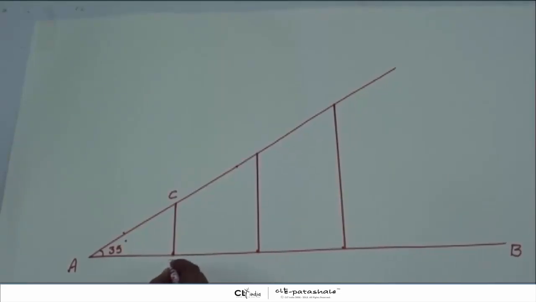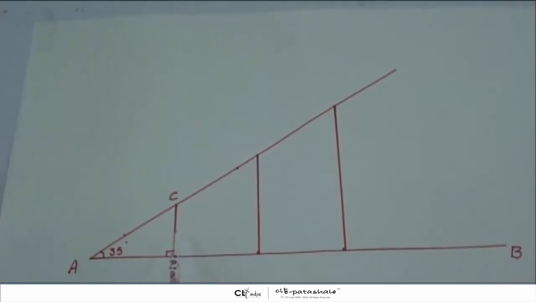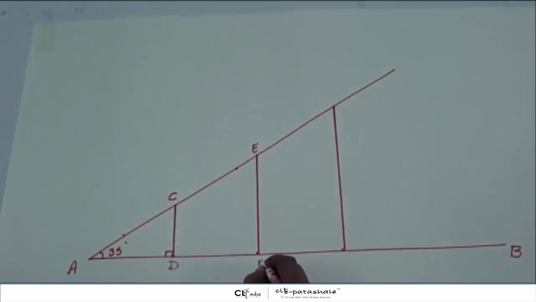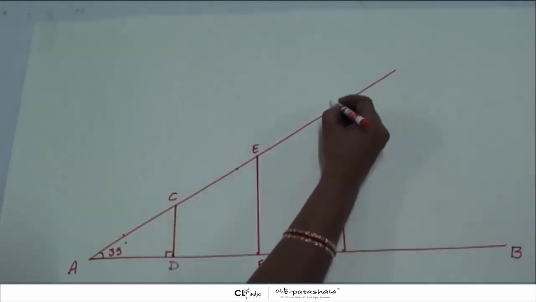Now name the triangle ACD. You will get a right angle triangle. We'll name the other triangle, that is AEF, and the next triangle as AGH.